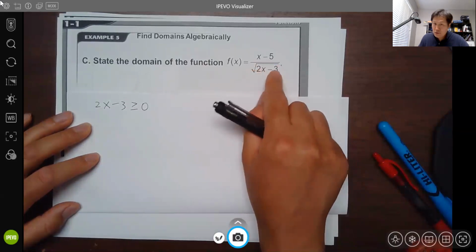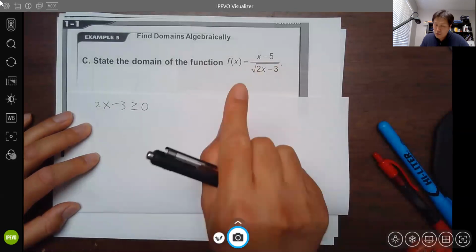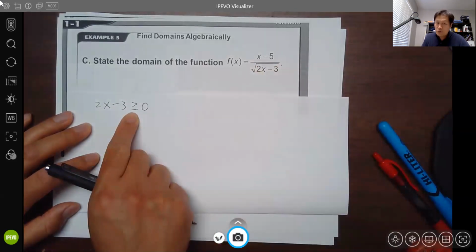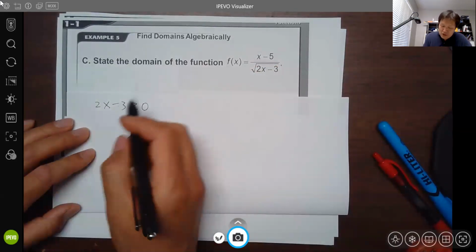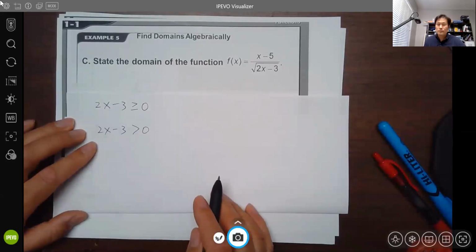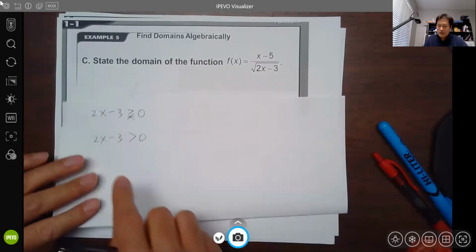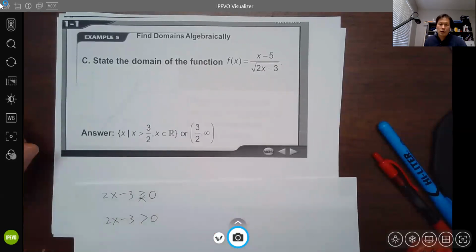Since 2x minus 3 with the root is on the denominator, it cannot equal 0. So you have to exclude that. So 2x minus 3 is greater than 0, excluding the equal sign because it's on the bottom. Solve for x here, and that will be your answer.